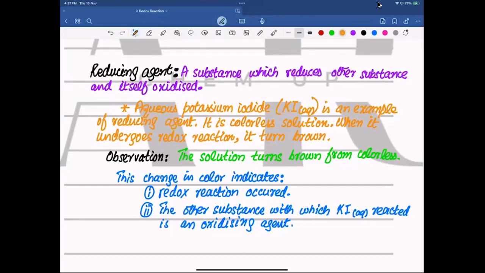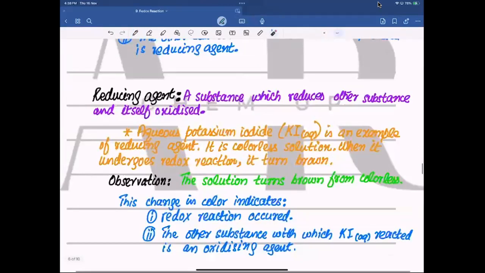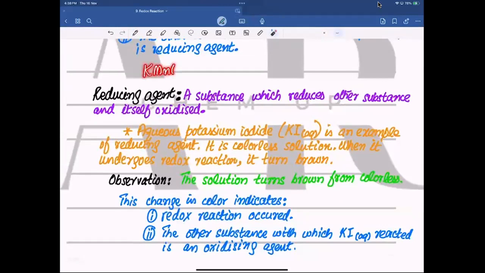Sir, I have a confusion. You said that when you add potassium iodide to potassium permanganate, it will turn from purple to brown. So what is actually happening in this reaction? Okay. Potassium permanganate is KMnO4, where Mn has a +7 oxidation number, and due to this it's purple in color.